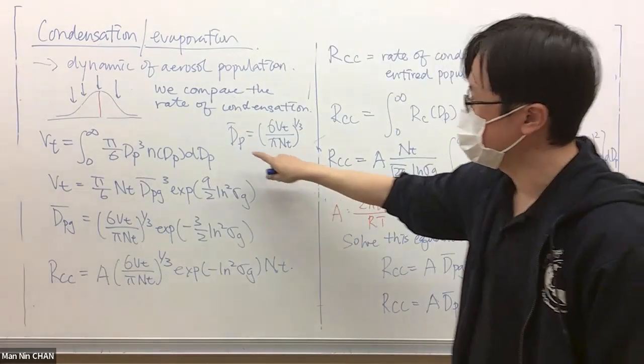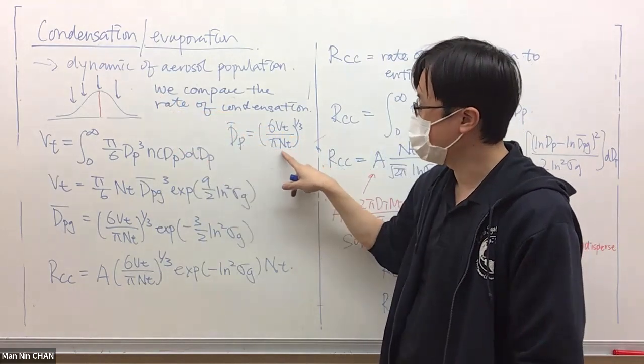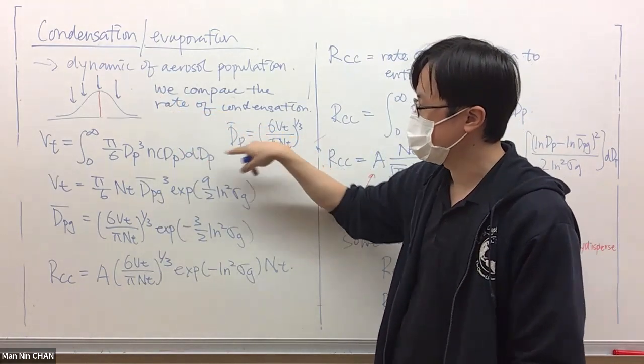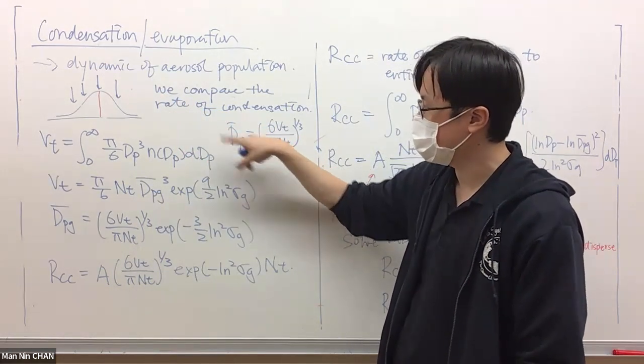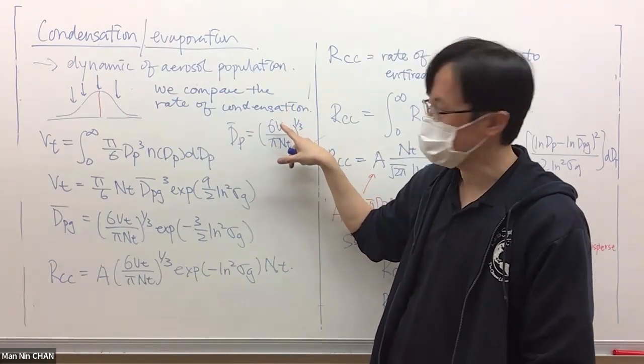Because you can see this median diameter is just the diameter we have, and then if you multiply by the volume of that given size, and then times the NT, that will give you the total aerosol volume.